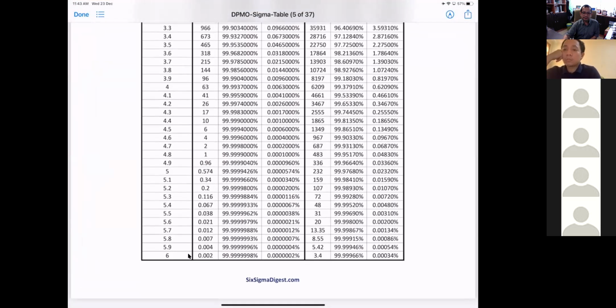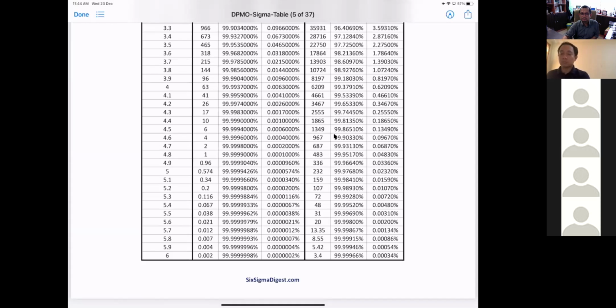But this on the left hand side is by the statistician. Statistician says when we are 6 sigma, we have 0 rejection for 1 million opportunities. But this is by Motorola. They put 1.5 sigma shift. Motorola says only 3.4 rejects over 1 million produced.